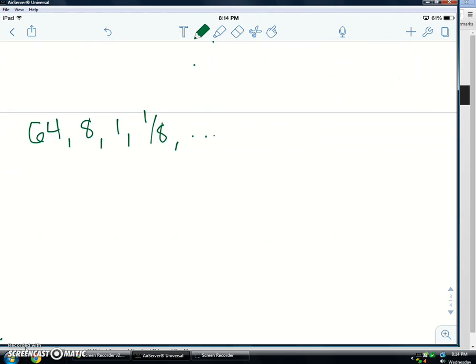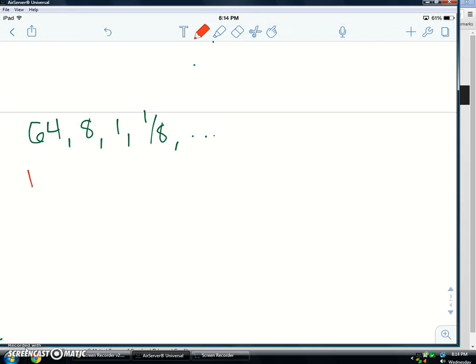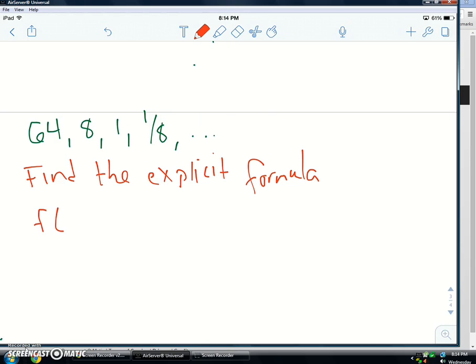So our first, or our initial term here, if we want to find the explicit formula, well, our initial term, which is going to be f of 1, that just means our first term in the sequence, is that value right there of 64.